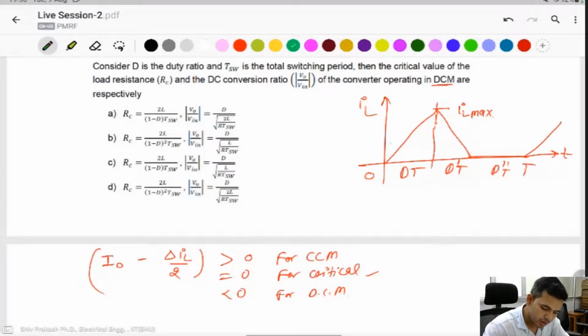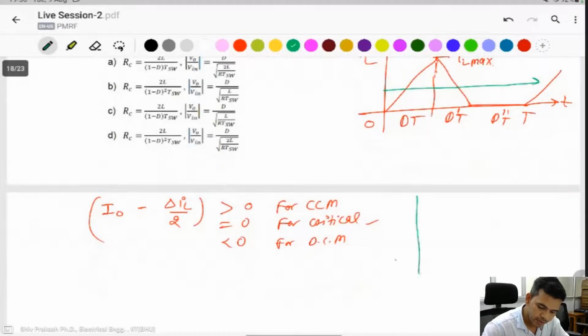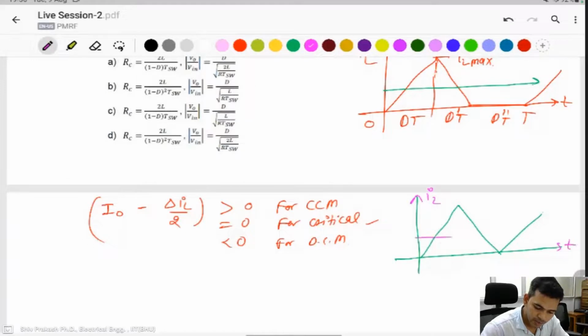I naught is the average of this one. If you find the critical condition, then this is the critical condition waveform of IL, and the average of this is I naught.